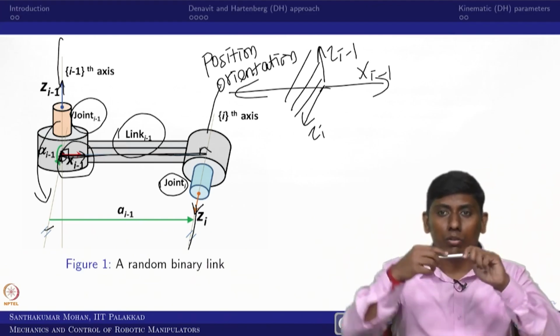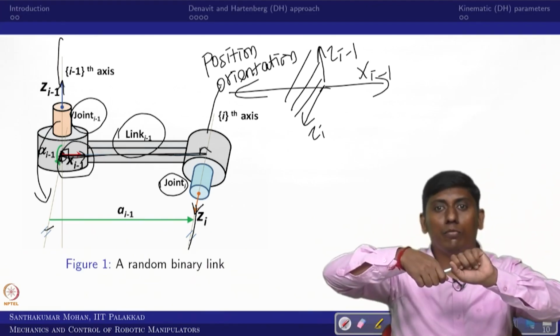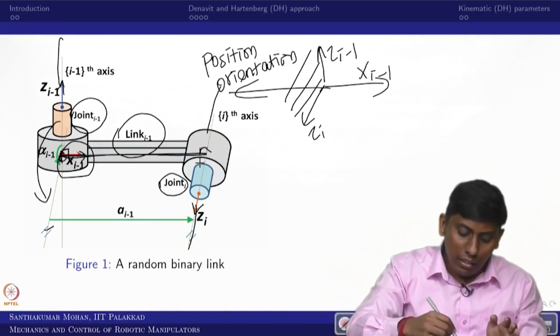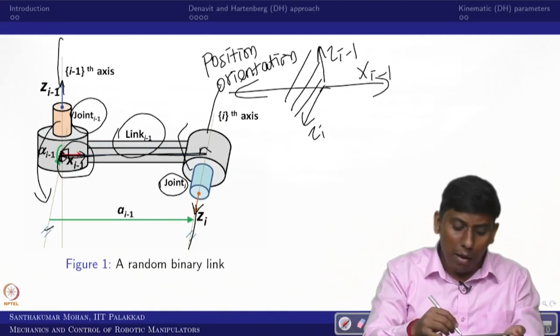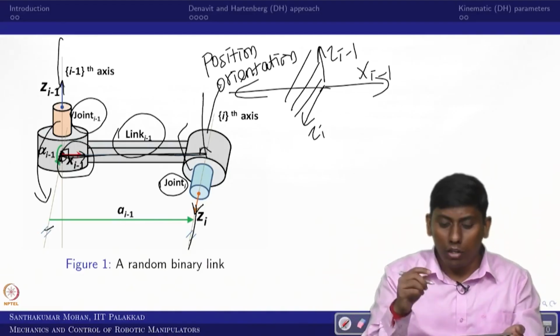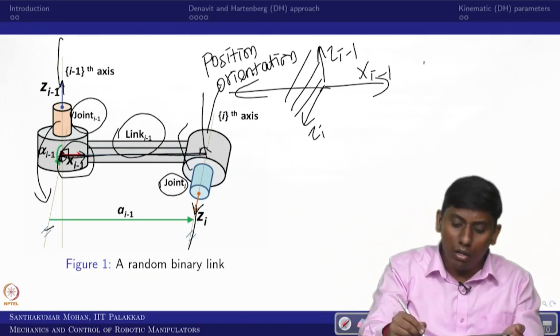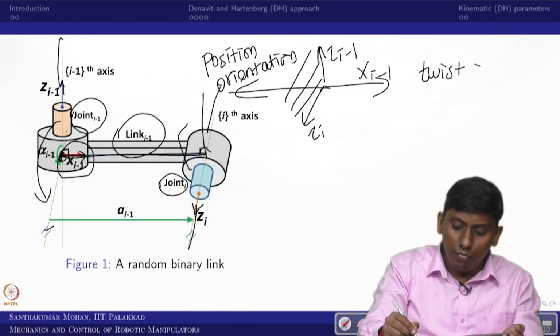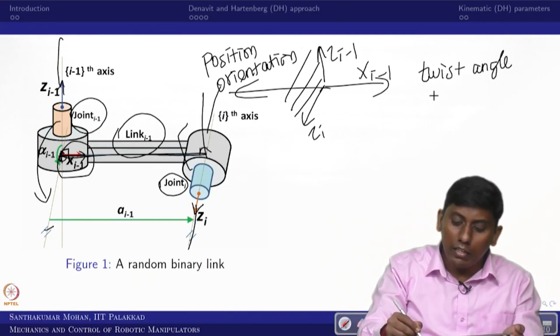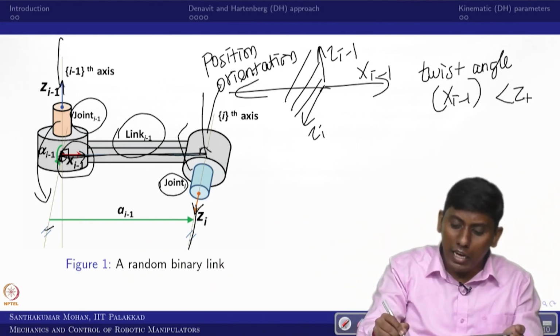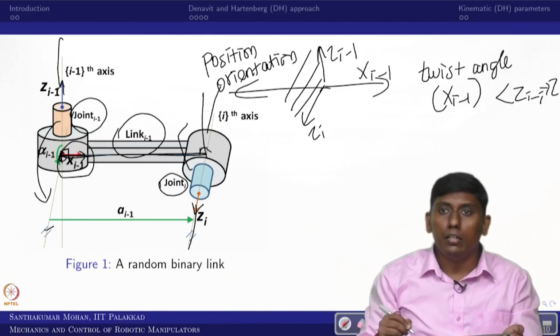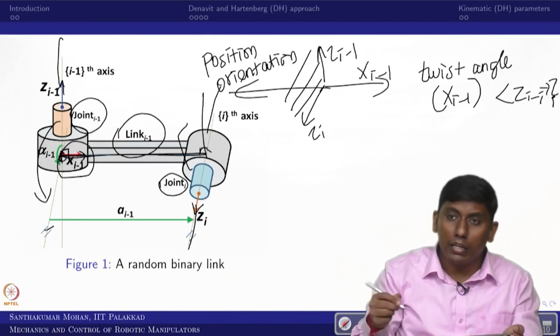The link is twisted in this form. If I untwist, this would be parallel. So that is the first piece of information, which we call the twist angle. The twist angle is, with respect to xi minus 1, the angle between zi minus 1 and zi. That is what we can write.